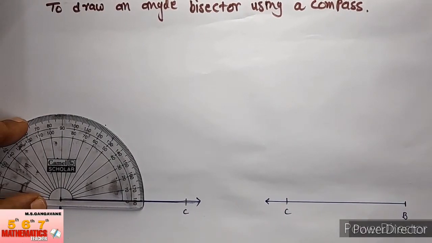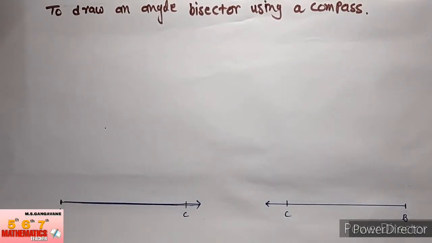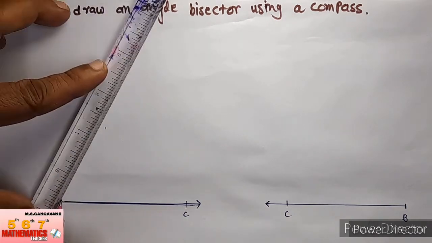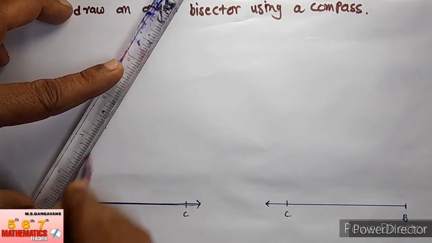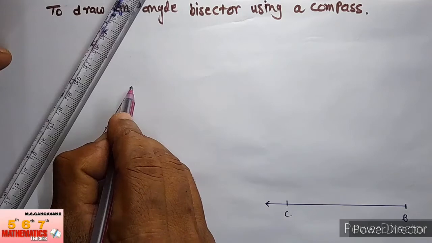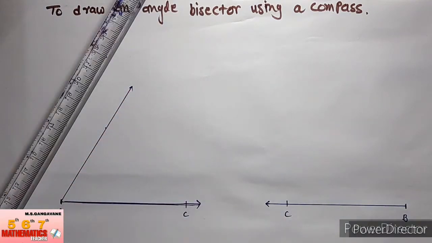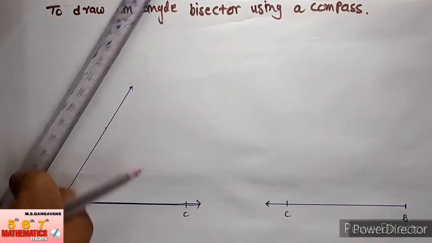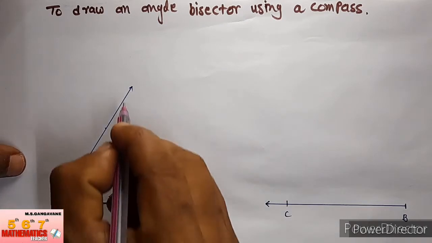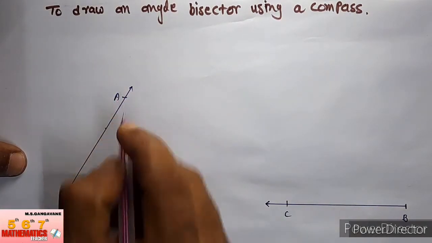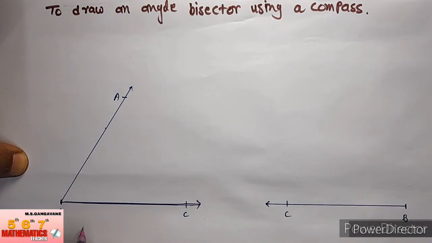Now join it with vertex B. We understand? Give the name A there. Now we got the angle ABC is equal to 60 degree.